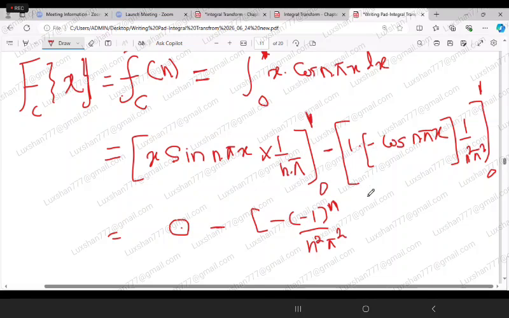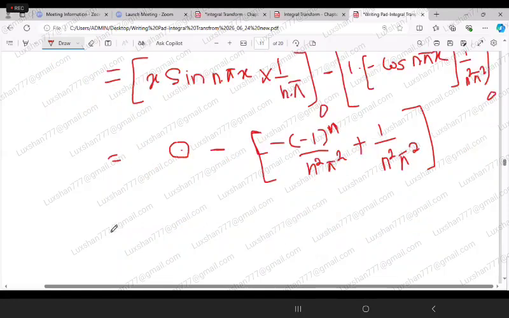Minus, already there is a minus, therefore this will become plus. When I substitute 0, that is 1, so 1 over n squared pi squared. Check these calculations, okay? If I multiply by minus completely and take minus 1 over n squared pi squared out, we get 1 over n squared pi squared into minus 1 to the power n, minus 1.